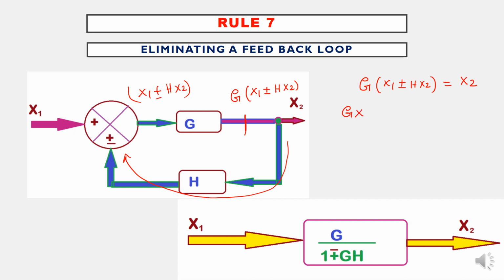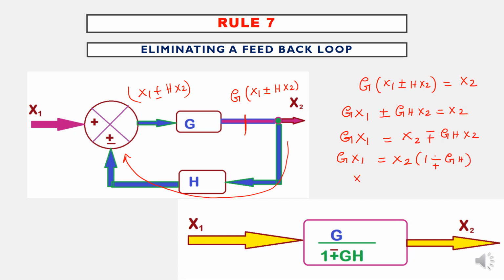We have to expand this. G into X1 plus or minus GH into X2 is equal to X2. Next, G into X1 is equal to X2 minus or plus GH into X2. So G X1 equals, taking X2 outside, 1 minus or plus GH.